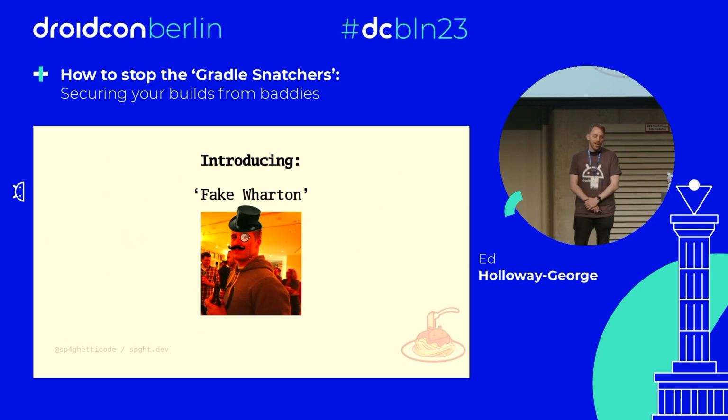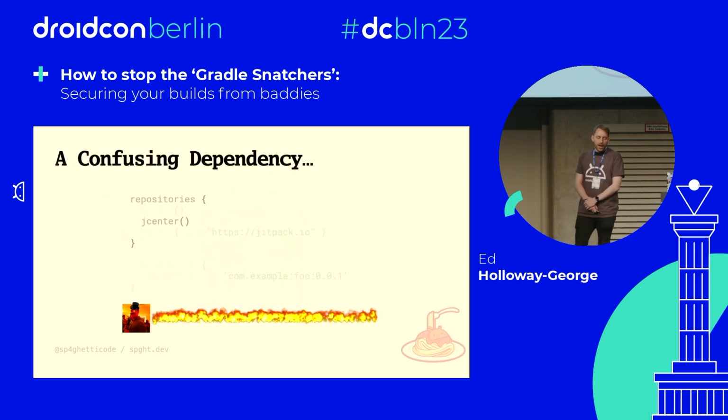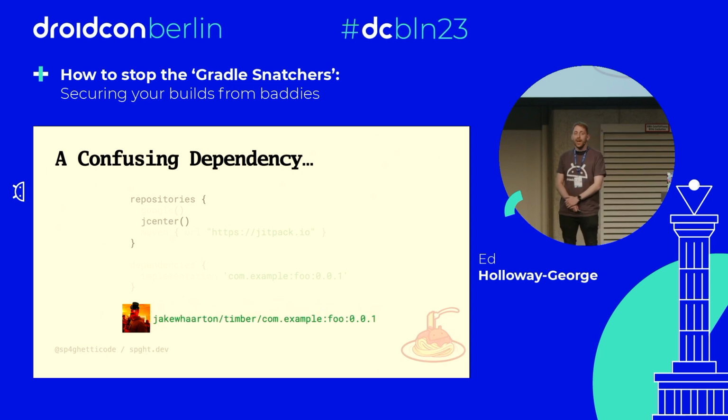So Fake Wharton was a user, and this is legitimately what happened, a user, as you can see, with a slight variation on the name Jake Wharton with an extra A, who introduced a repository where he was hosting essentially fake and cracked versions of popular dependencies.